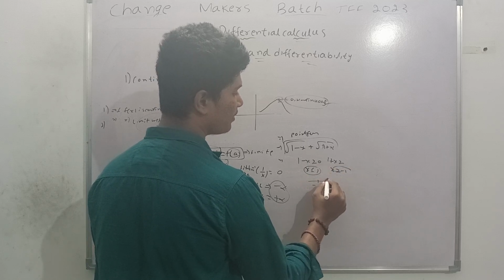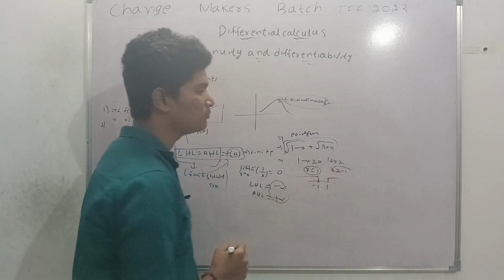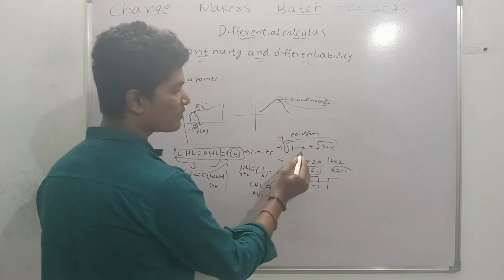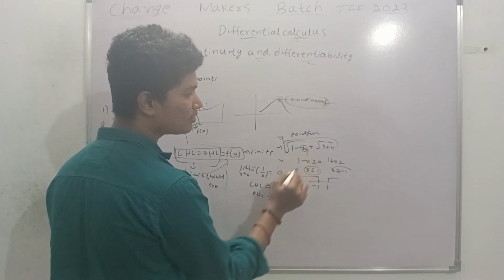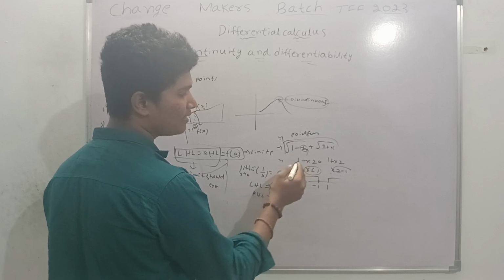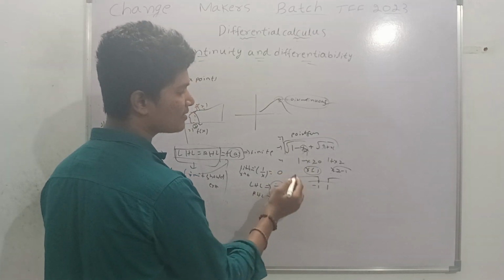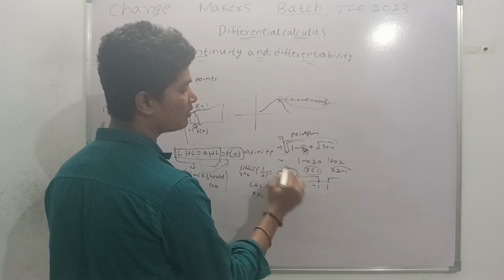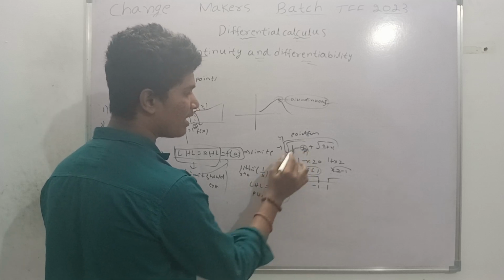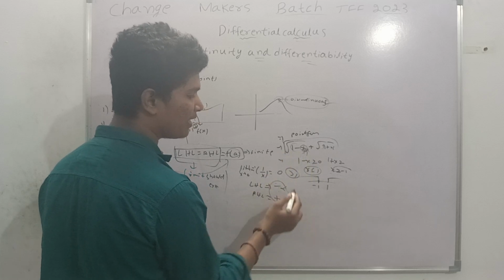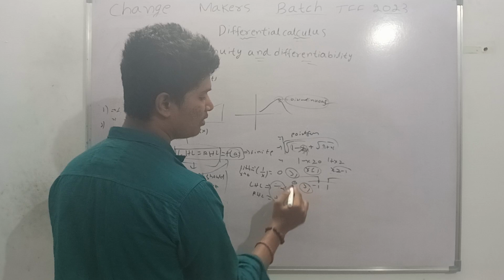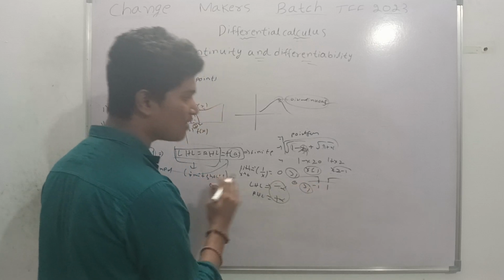What is the domain of x here? If we take a value of x greater than 1, the value under the root becomes negative. So we cannot take values greater than 1. We have to take values less than 1.